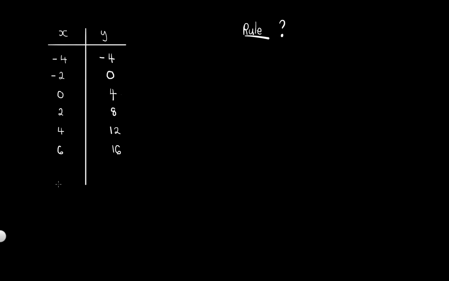So the hidden rule was y equals 2x plus 4. That was the rule.